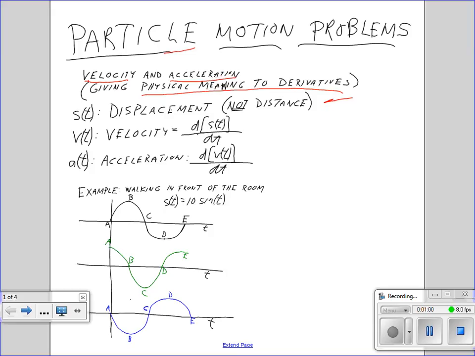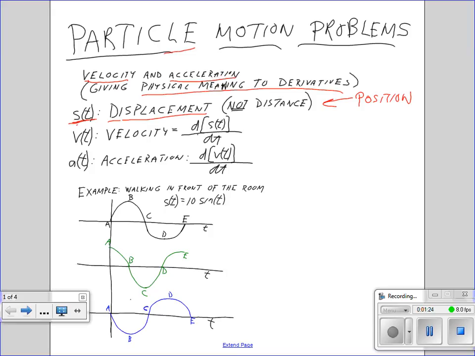So right up here, we talk about S. We've got a function S of t, and we call it displacement. Maybe I even use the word position. It's not distance now. Distance would always be positive. I'm 10 miles from home.